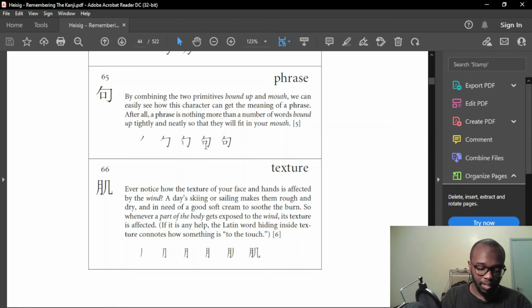So this one basically is easy. Bound the mouth, preventing the mouth from opening the words. Therefore, we cannot speak any phrases. Something of that sort.